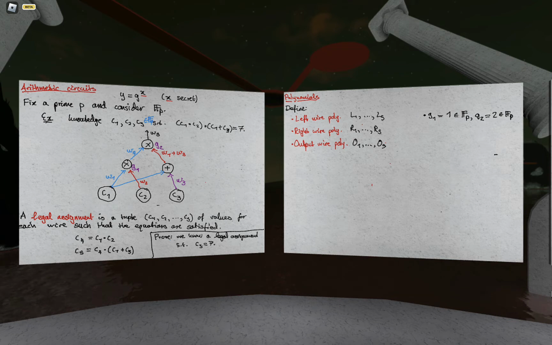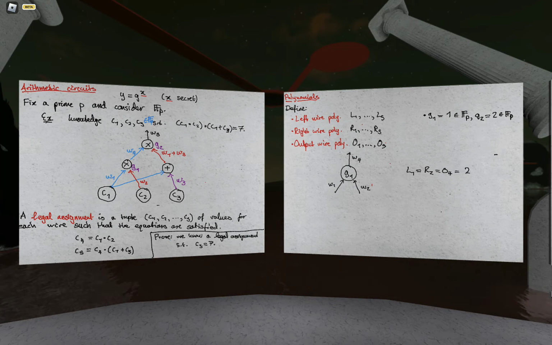Okay, so if I draw the gate here, I have G1, and on the left I have W1, on the right I have W2, as output I have W4. So I'm going to set L1, the left input, equals R2, the right input, equals O4, the output. And I want this to be 1 at G1 and 0 at G2.